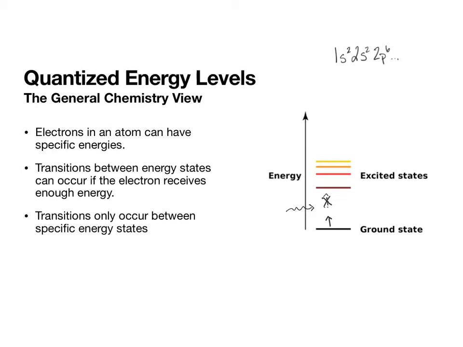Middle isn't an option. It has to get excited up into this excited state and land on that other energy level. Kind of like a ladder, or stairs. You don't get to step halfway in between and expect to be able to exist.